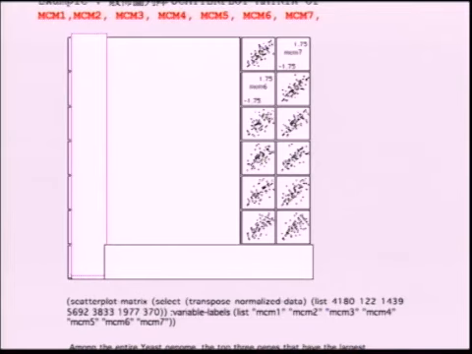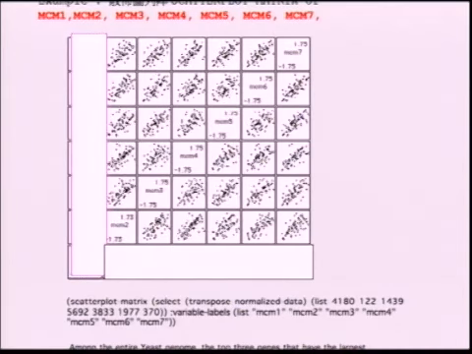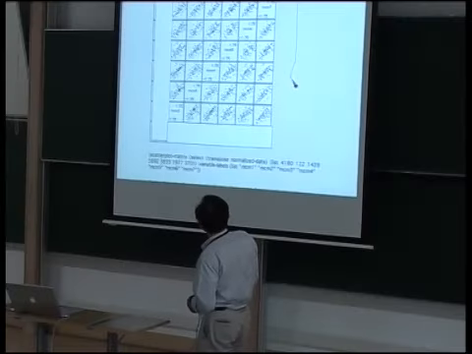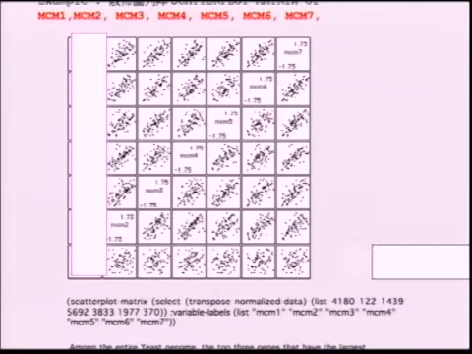So the scatter plot, and you can see that if you look at this part here, it's all positively correlated. So indicating that MCM6 and MCM7, they're probably functionally associated, and this one is also. In fact, the rest of them are quite similar until you hit this guy here.